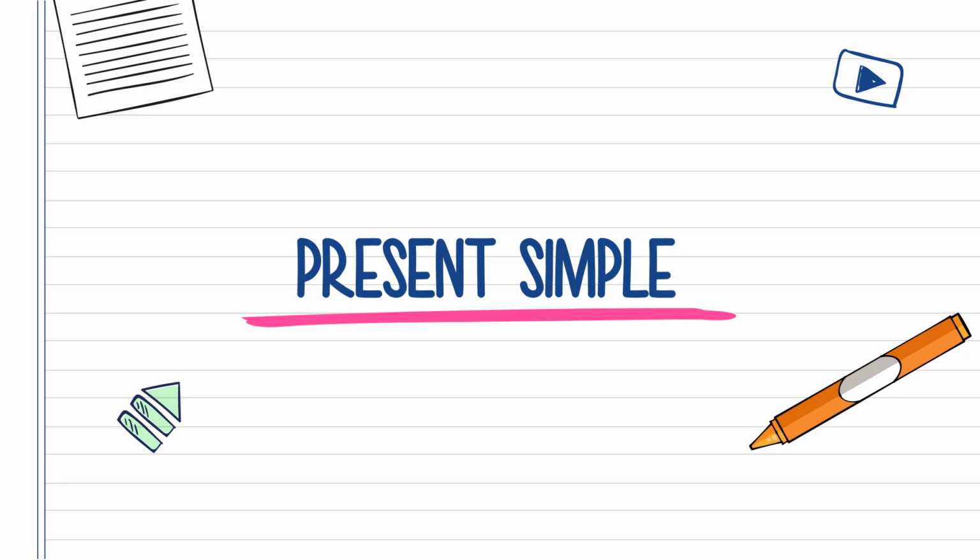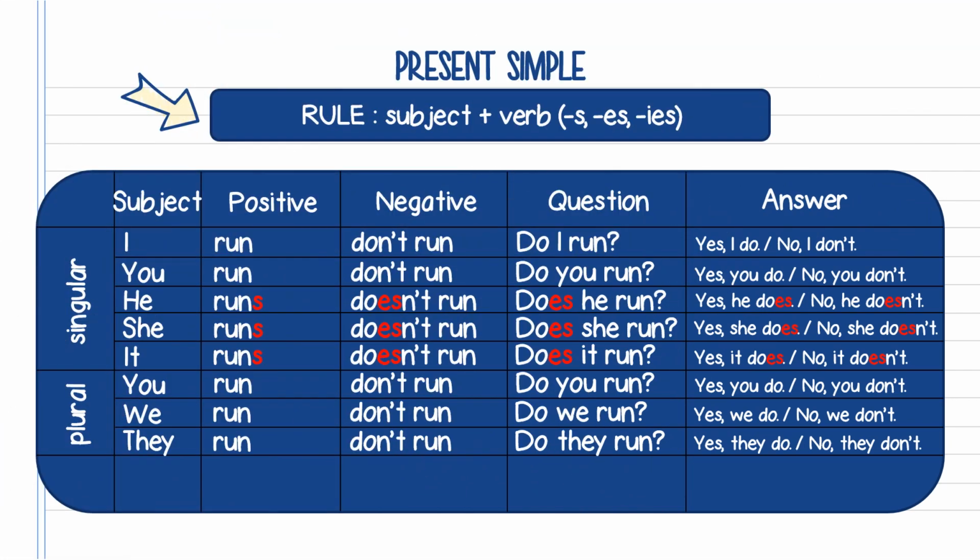Now I will explain to you about the present simple. Are you ready? Okay class, now look at this table. Present simple. The rule, subject plus verb. Sometimes we have to add s to the verb or es or ies.